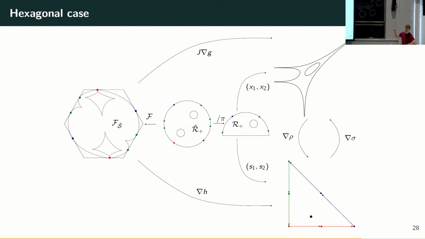So again, we look at our favorite picture, and this is now slightly more general again. We still have all the things we had before, but now there's an extra step here, which is exactly this double cover that I mentioned. So this R plus right here is the actual spectral curve where their weights are defined. The maps to the amoeba and the Newton polygon go from just R plus, right?